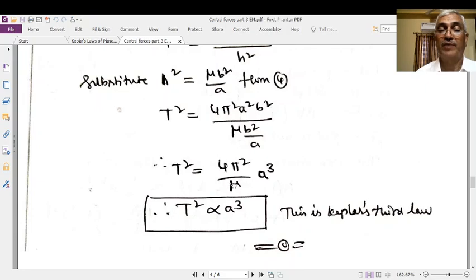When 4 pi square by mu is a constant, mathematically the relation now becomes T square is proportional to a cube. What it means is that the square of the period of rotation of every planet is directly proportional to the cube of the semi-major axis of the elliptical path of that planet.